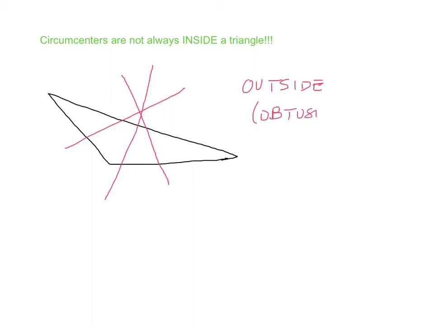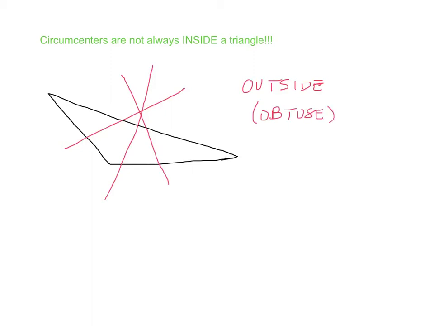We need the perpendicular bisectors again, about there, and let's go about here, and then the other would be about right there. Now, as you see, this is outside the triangle. An obtuse triangle will give you a circumcenter outside.